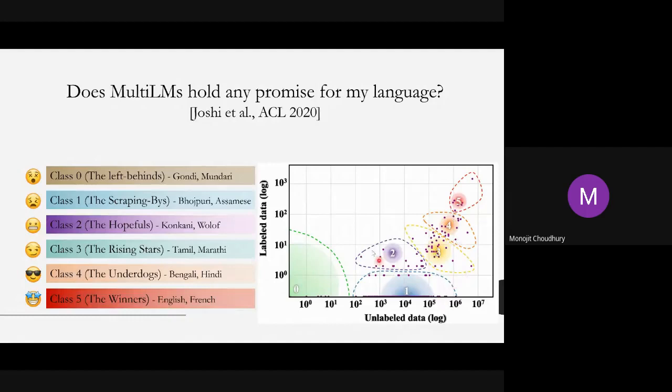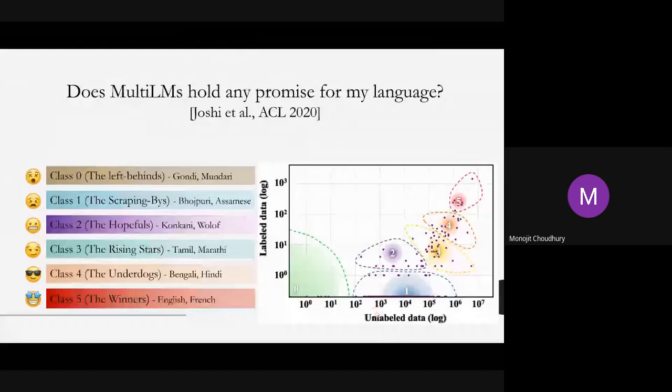Only 3 and 4, which would be Bengali, Hindi, Tamil, Marathi, and maybe Telugu and a few more languages. I can think of 3, 4 more languages which might get a good amount of benefit. Everything else, like Gondi, Mundari, Santhali, Bhojpuri, Assamese, I don't think will get much benefit of all this.